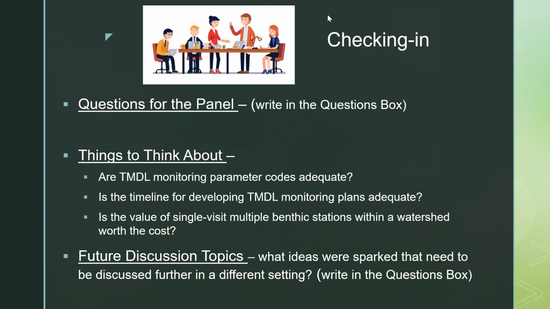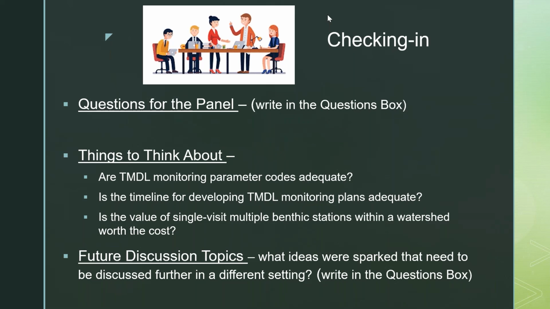All right. Next question is, how often does a TMDL watershed have more than one benthic sampling site? Well, oftentimes, we're doing a TMDL study for larger watersheds where we might have 4, 5, 6 TMDL streams within that larger watershed.